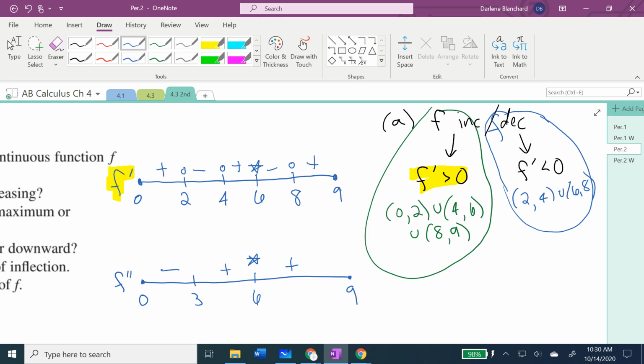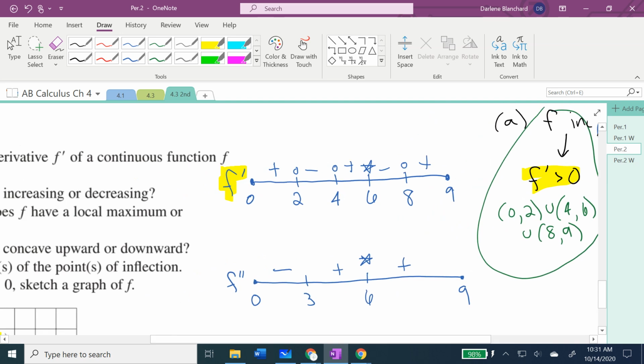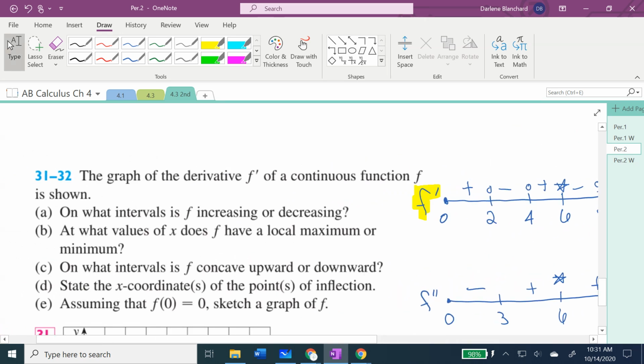And when you have more than one graph going on in your problem, saying "it" means you did not explain anything. Okay, so that was the first one. And again, I added the words on what open intervals. And I forgot to tell you that at the beginning.